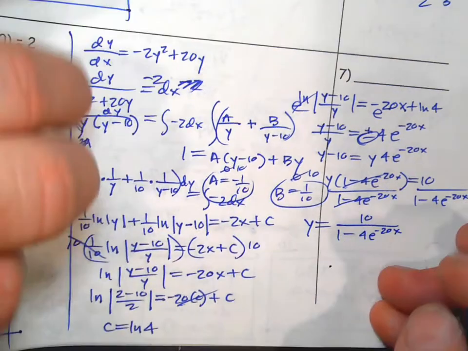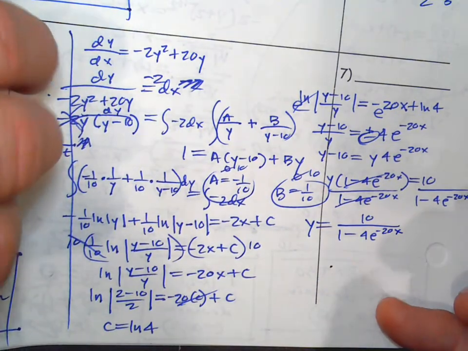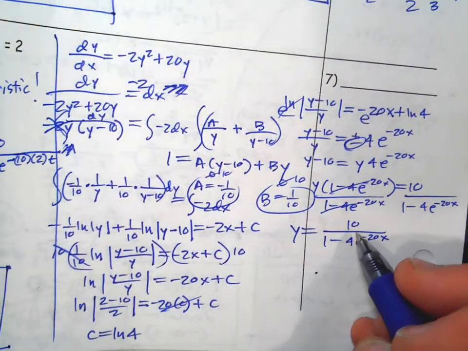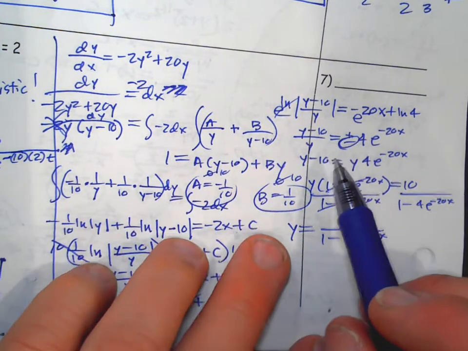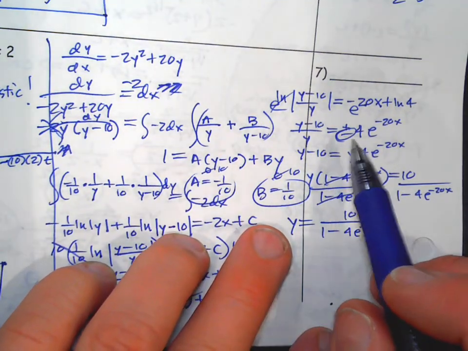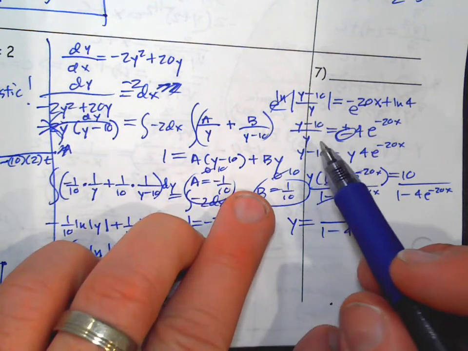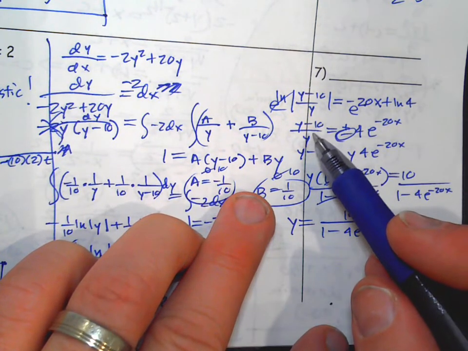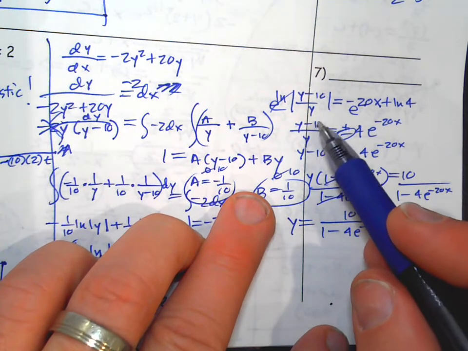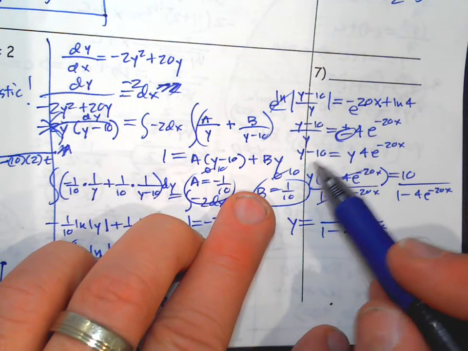I feel like I made a mistake. This should be positive. So where did that mistake happen? If we plug in 0, we should get positive 2. So we want positive 2, but that's going to be negative 8. That should be negative.